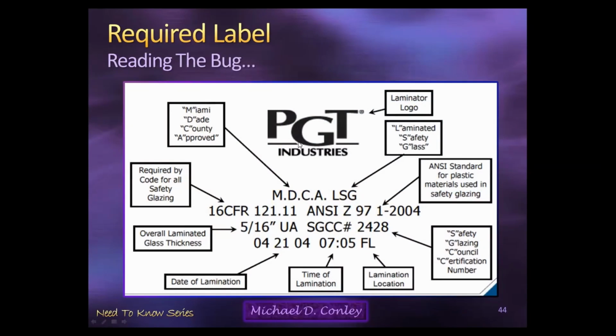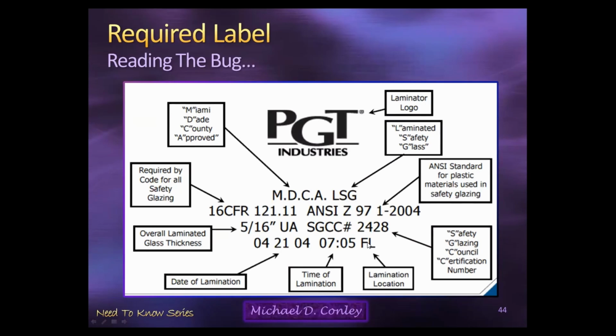Here's a better example spelled out. We have our lamination logo. We have, says here, LSG, which is laminated safety glass. That tells you it's laminated. It's going to see up here MDCA, which is Miami-Dade County approved, required by code. Date of lamination, time of lamination, we don't care about that.